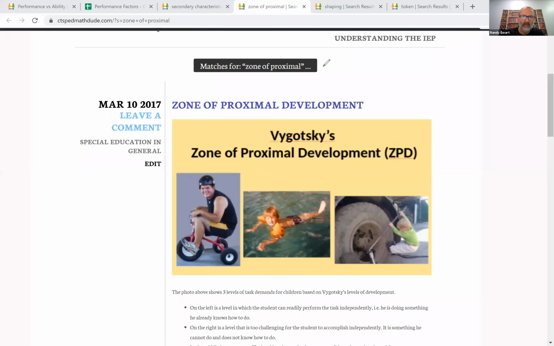Well, the first one is the easy level. That's when a task or skill is so easy the student can perform without any effort. And so when they're doing that, they're not really learning. But that's often where education exists. We want the kids to have immediate success. And so we may water down the task demand until it's so easy for them that they can do it. And then we go, hooray, you did it.